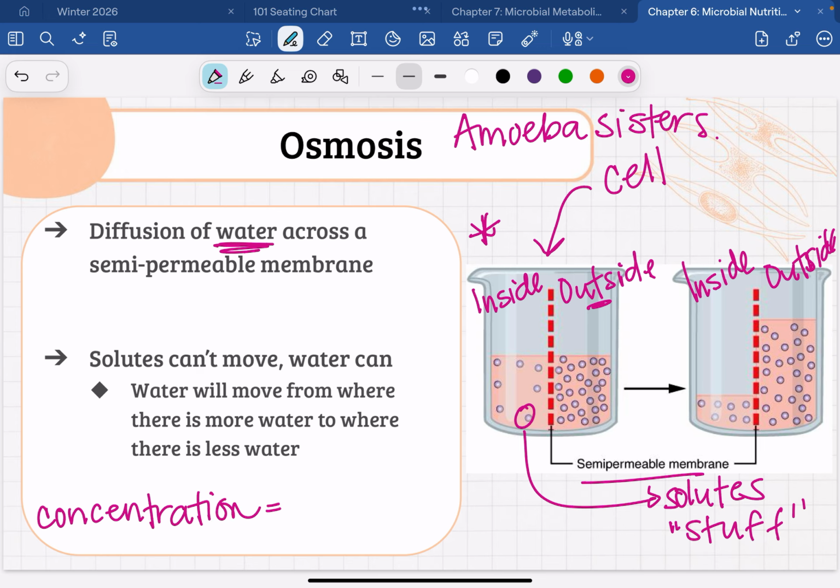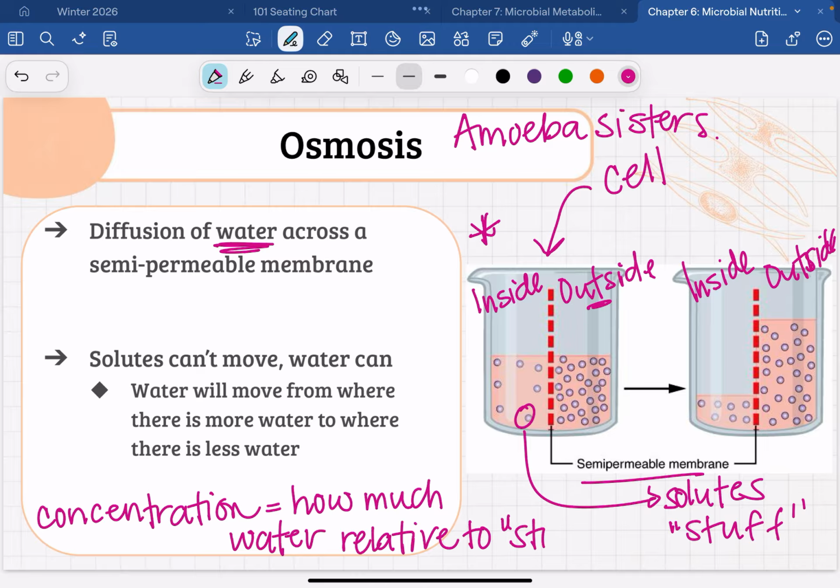It is how much water relative to the stuff, relative to the solutes floating in it. Okay, so in this first scenario over on this one, my left, and I guess it's on the left for you too.